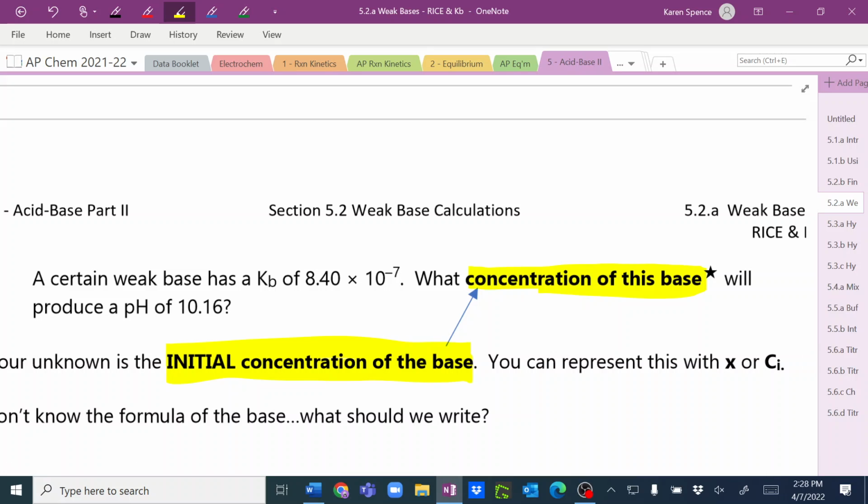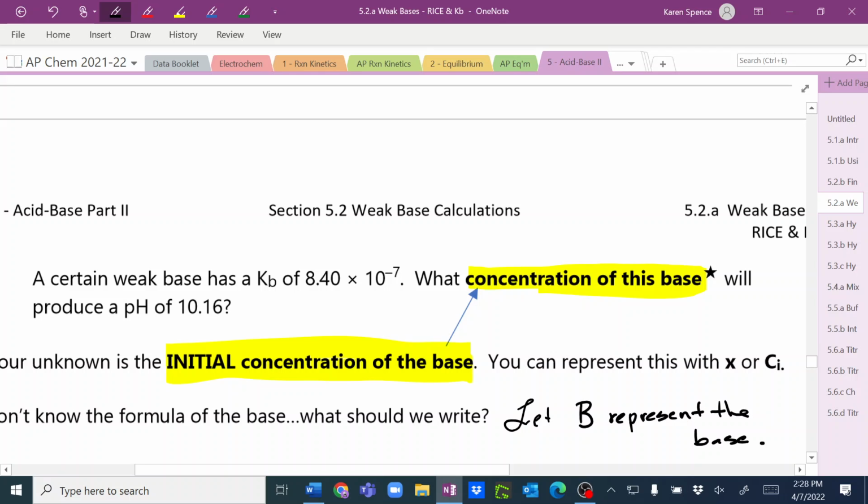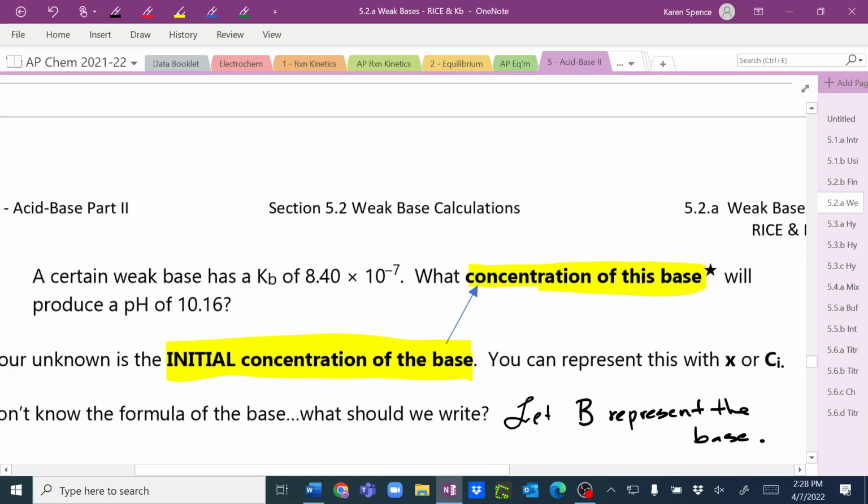We don't know the formula of the base. What should we write? I would just write something like, let B represent the base, just so that you've defined your terms.